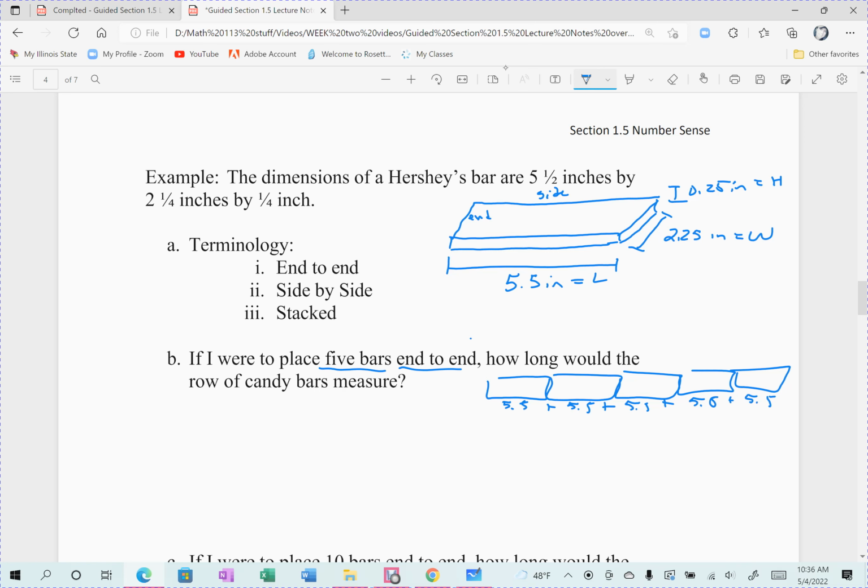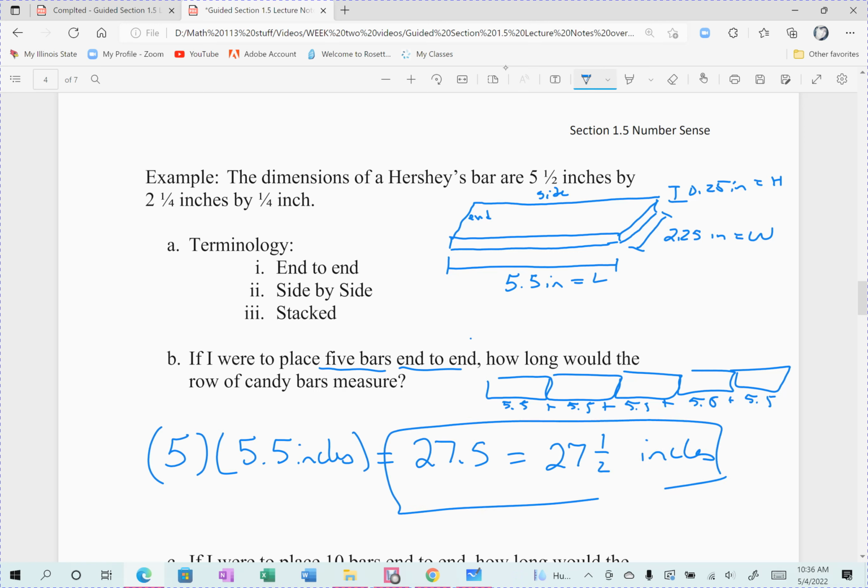Instead of adding 5.5 inches individually 5 times, you take 5 candy bars and multiply by the length, 5.5 inches. That gives you your total length once you line them all up, which comes out to 27.5 inches.